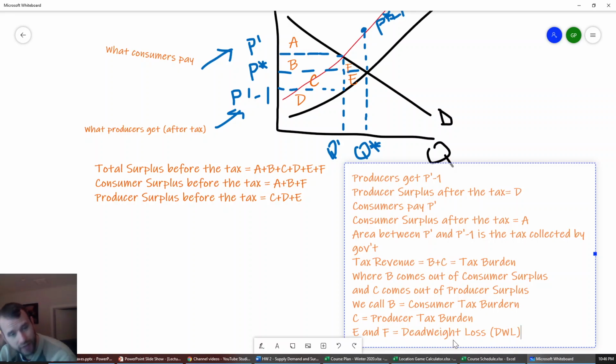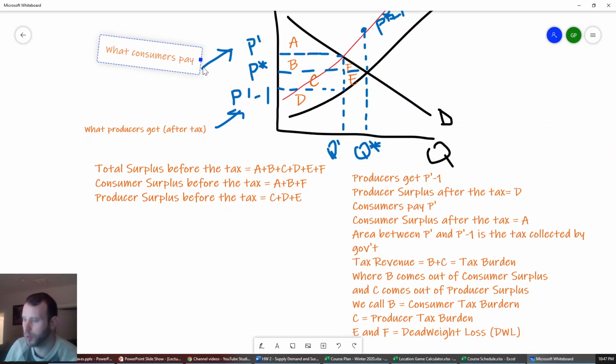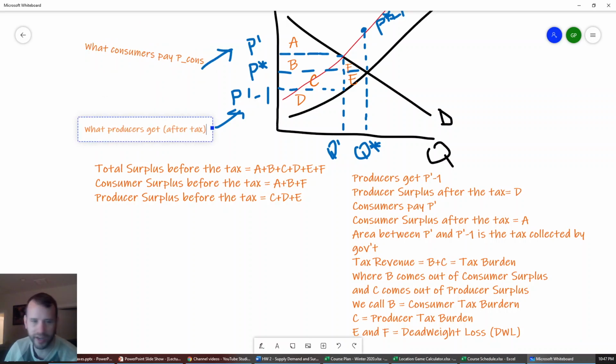So taxes have a lot going on here. We have some price for consumers. Usually I refer to this as P cons. Even though this is the sticker price, what producers are technically charging, it's the price that consumers pay, essentially.